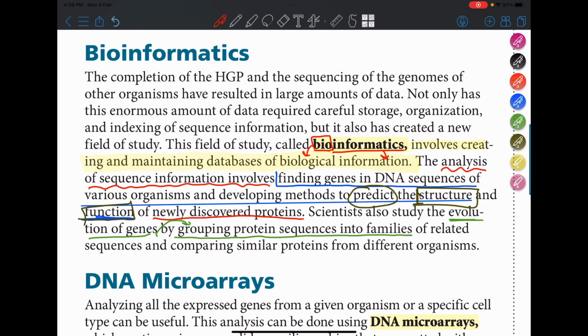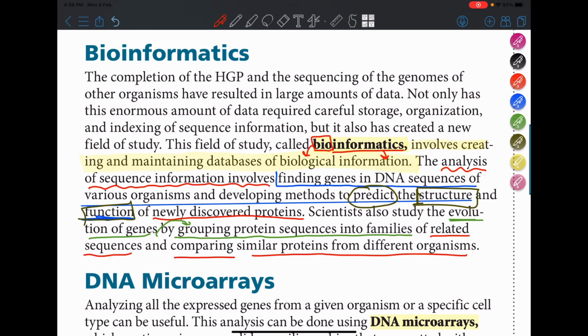Well, I still don't get what that means. Basically, we take sequences that code for protein and put them into families. These families are related sequences, so these proteins have similar sequences, and we compare similar proteins from different organisms.